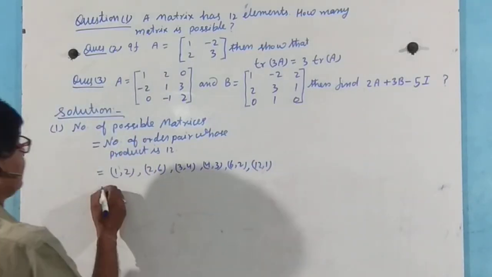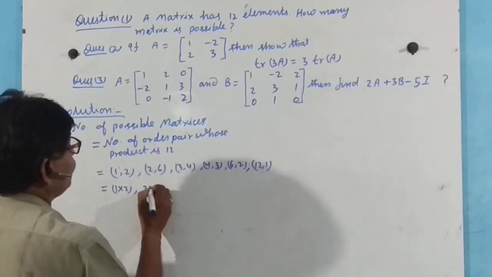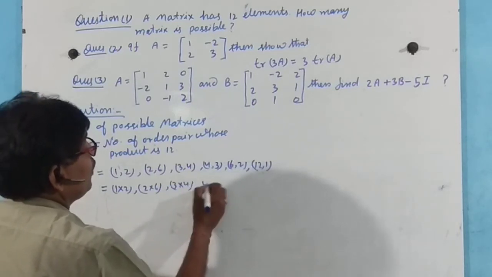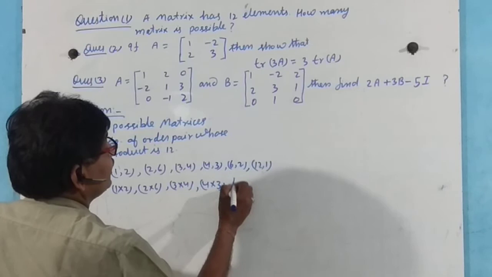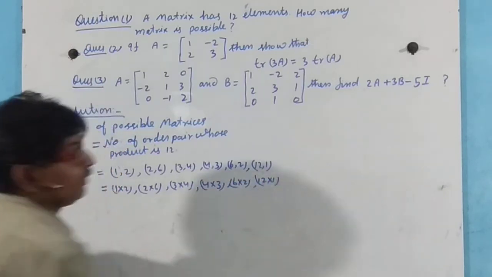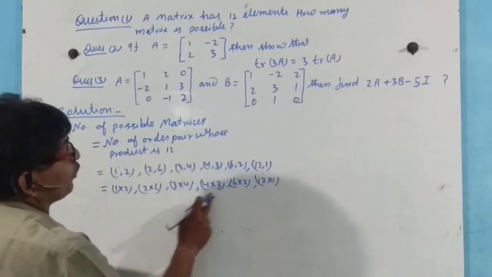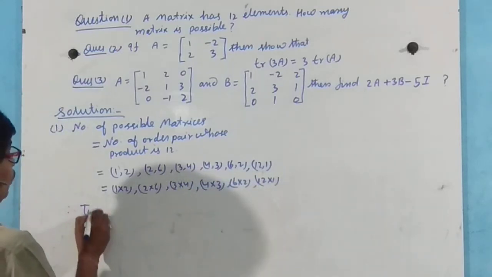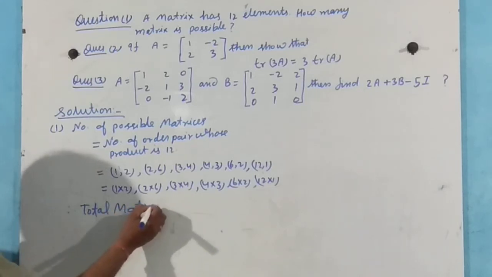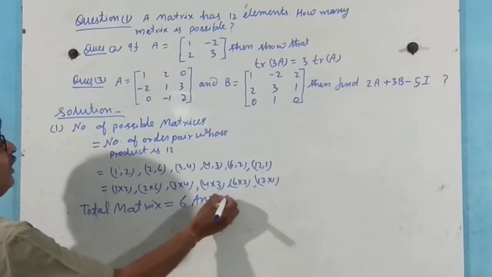Now it means that 1 cross 12, 2 cross 6, 3 cross 4, 4 cross 3, 6 cross 2, 12 cross 1. It means that total matrices equal to 1, 2, 3, 4, 5, 6. Total matrices equal to 6. This is our answer.